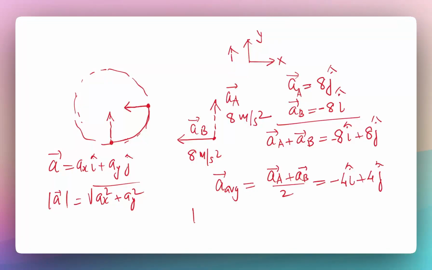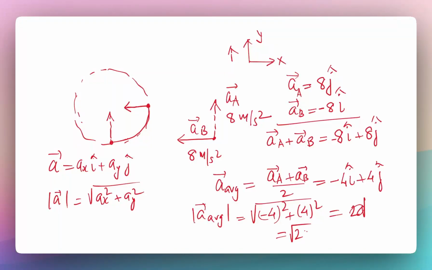So here my average acceleration magnitude is going to be the square root of minus 4 square plus 4 square. This is going to be 2 times 4 square. 4 square will come out of the square root and we'll get 4 root 2. That's the magnitude, and the unit will be meters per second square.